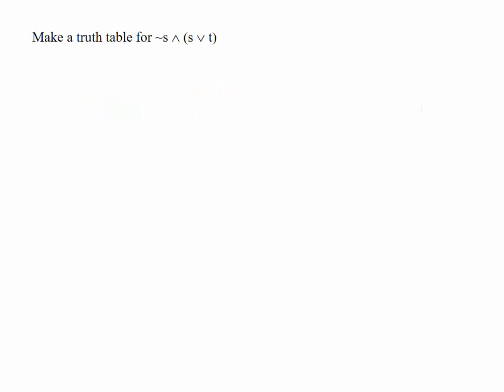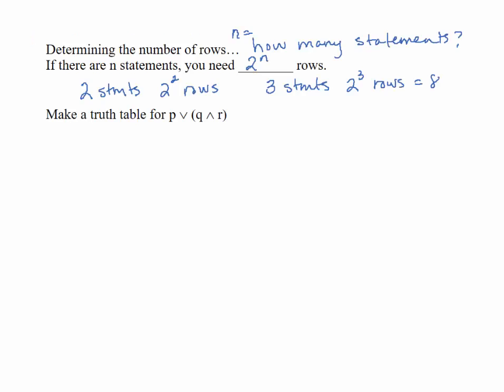Make a truth table for P or Q and R. I've got 3 statements. So since I have 3 statements, I'm going to need 8 rows. So let me put that in here.